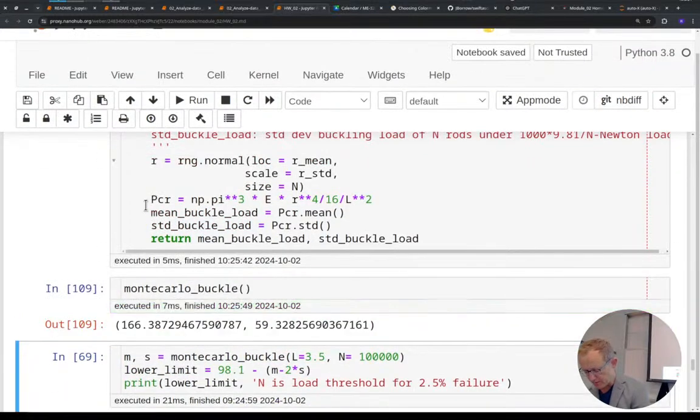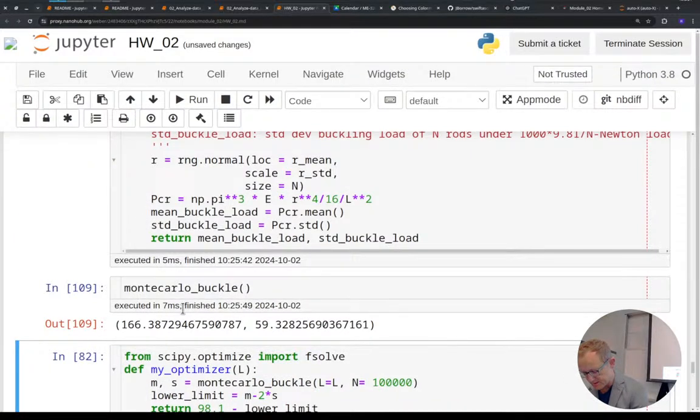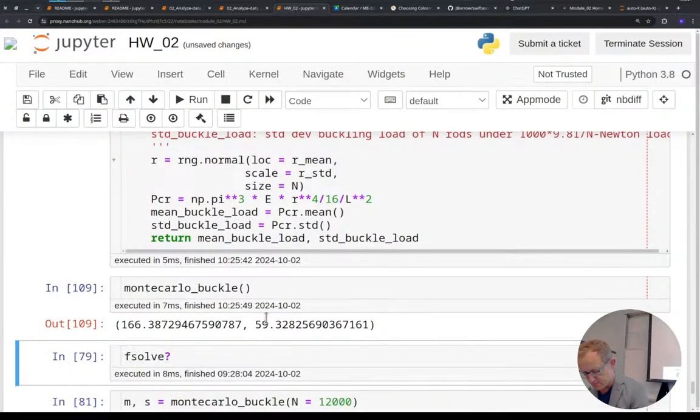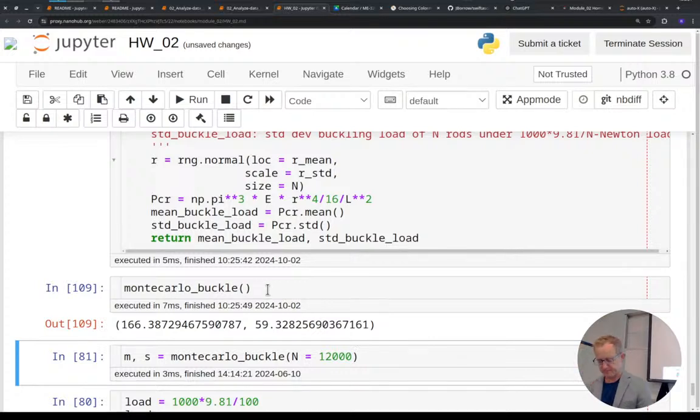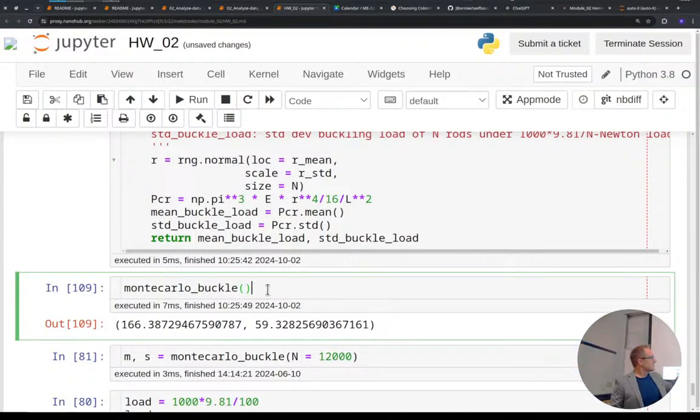And if I just open close, it's going to give me the default values. So depending on what random radii I get, somewhere around 170 plus or minus 60 newtons.